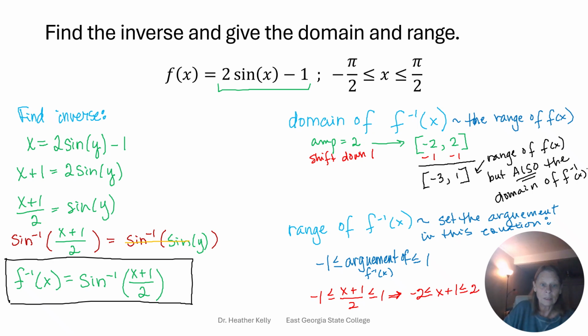And then we can subtract 1 from all three sides here. I know you have experience with solving these. It's part of the college algebra curriculum. So this is -3 less than or equal to x less than or equal to 1. And so the range of our f inverse of x is this.